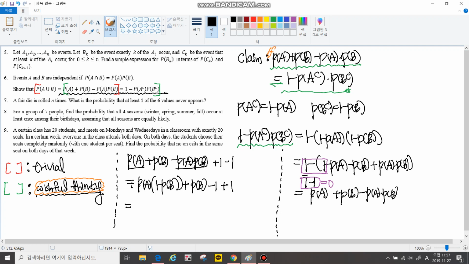Then what ends up happening here is P(A) times (1 minus P(B)), and then here you can say minus and then (1 minus P(B)). And you see that they're equal, right?